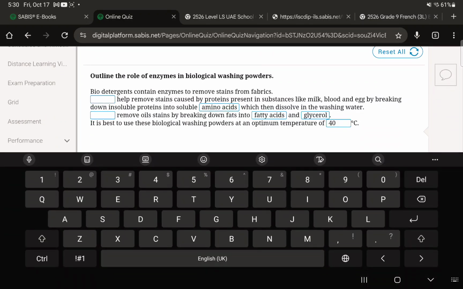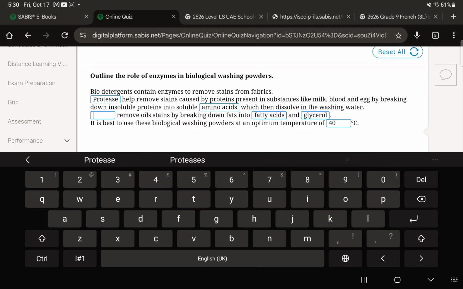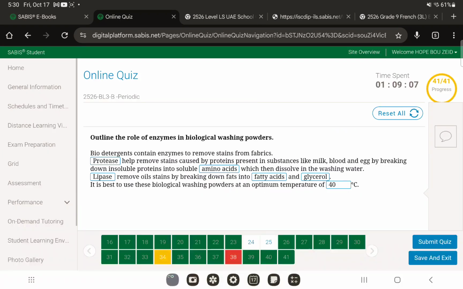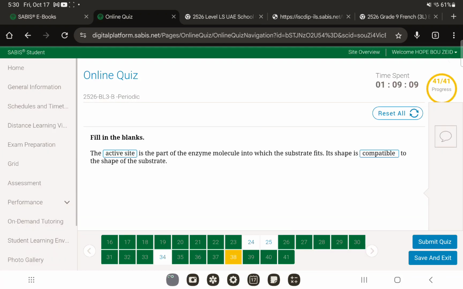Protease. Maybe I spelled it wrong or something the first time. Protease. Lipase. I probably just accidentally mistyped or something. The blank is the part of the enzyme. Wait, let me see. Which one's wrong?